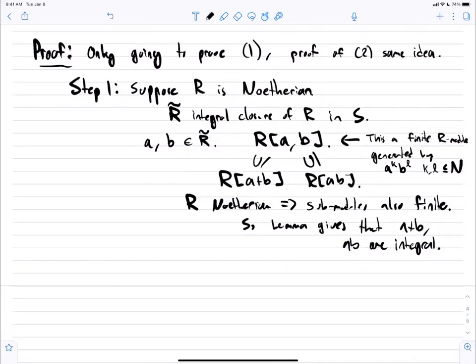Instead, let me just talk about how you reduce to the Noetherian case. So R is not necessarily Noetherian.